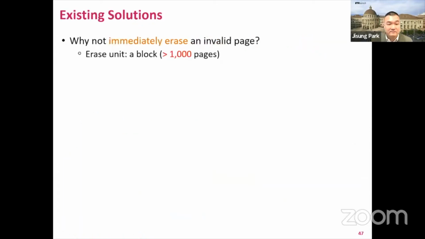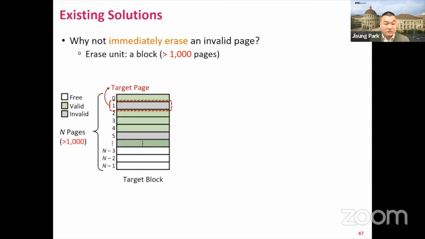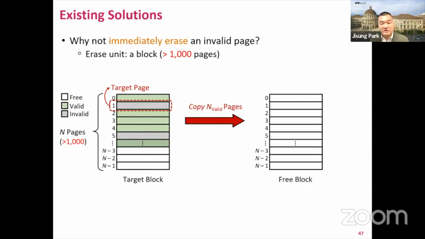Finally, by using existing forensic tools, the adversary can easily and completely recover all the versions of updated or deleted files. The most intuitive way, for sure, to prevent such data recovery attacks is to immediately erase an invalid page. However, as we discussed, the erase unit of NAND flash memory is a block, which contains more than 1,000 pages these days. So to erase a target page, we should first move all the valid pages in the corresponding block to another free block, which causes a significant performance overhead, especially when the target block has many valid pages.